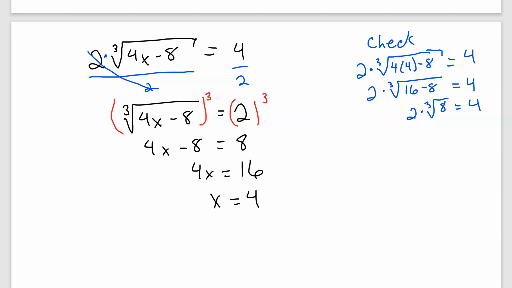The cube root of 8, I need 3 of the same number. That is going to be 2. So I have 2 times 2, which is 4. 4 equals 4. So my solution is 4.